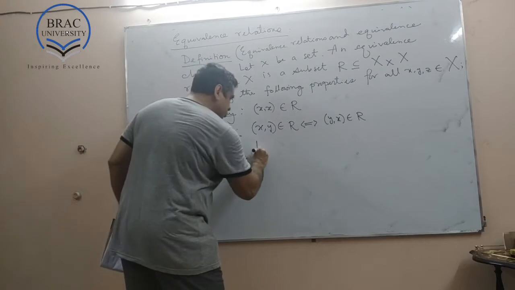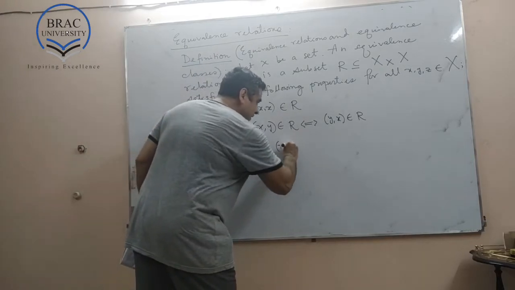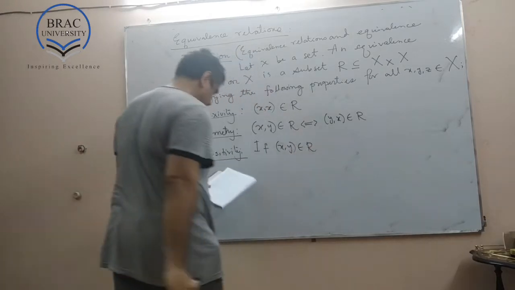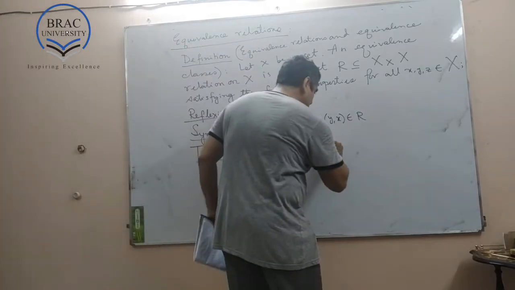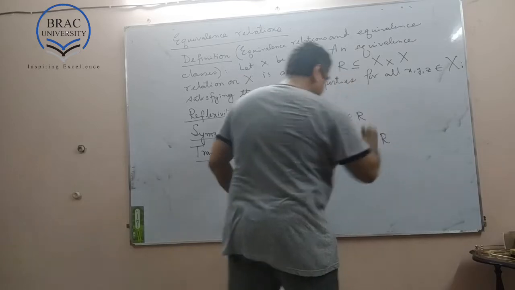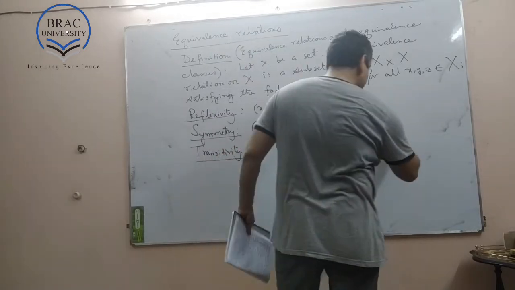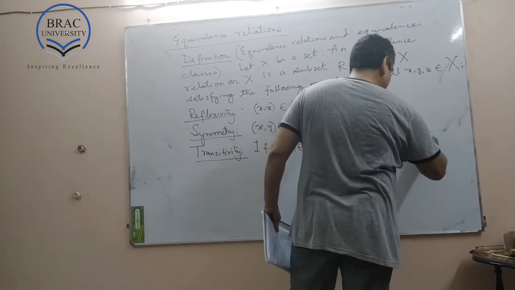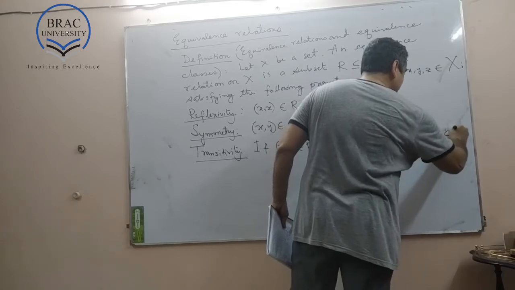If (x, y) is in R and (y, z) is also in R, then of course (x, z) is in R.